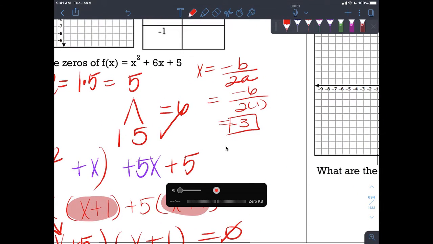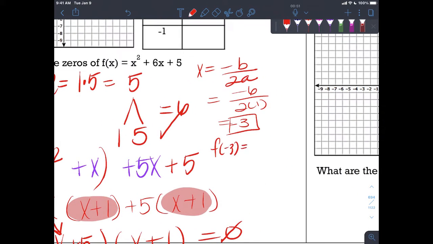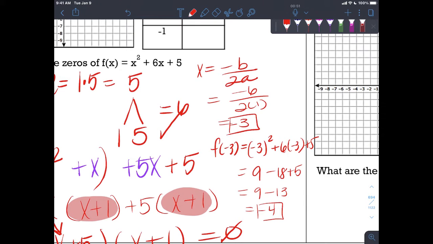So I would say f of negative 3 equals negative 3 squared plus 6 times negative 3 plus 5. And I find out that the y value associated with that is negative 4.